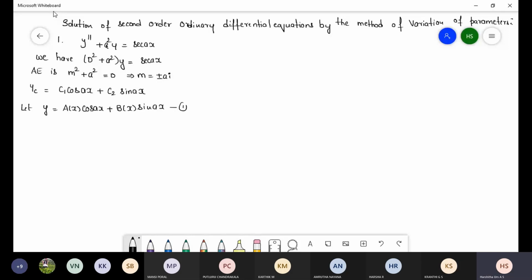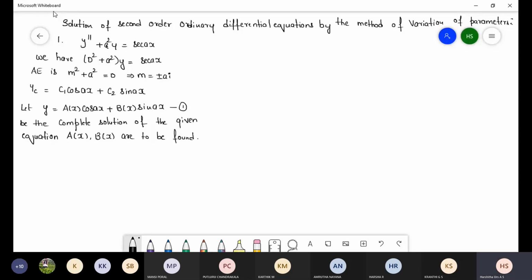This we can call equation 1, be the complete solution of the given equation. A of x, B of x are to be found. We have to find A of x and B of x.